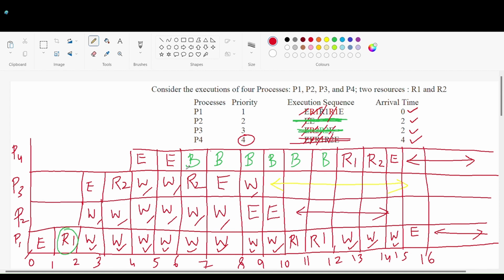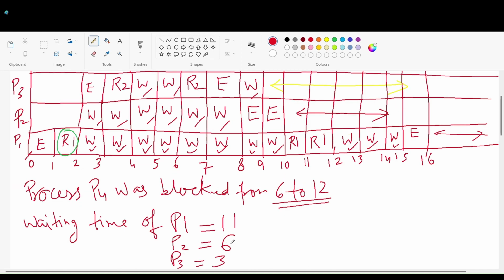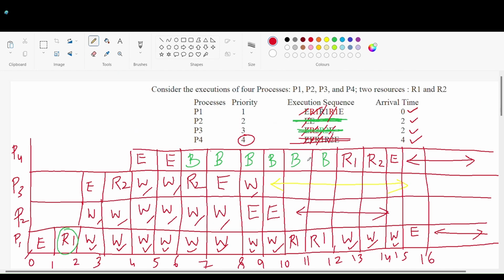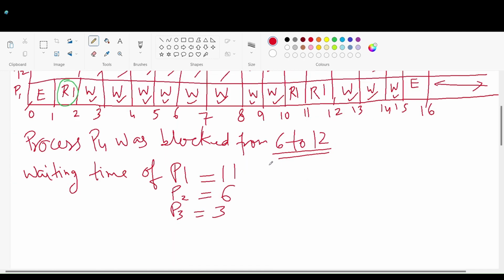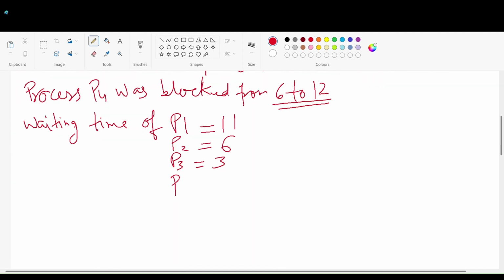And the process P4 was blocked up to 6 times. So this is also waiting time. In this time the process P4 was not executed. P4 was waiting for resource R1 up to 12. So 6 to 12, it's like 1 2 3 4 5 6, 6 times P4 was waiting for the resource R1.